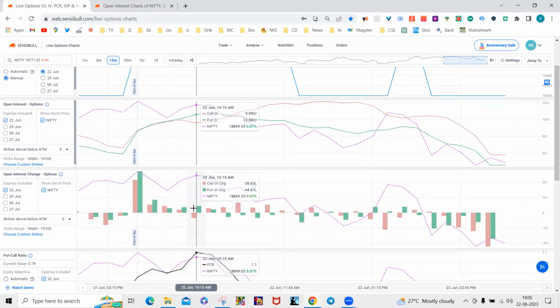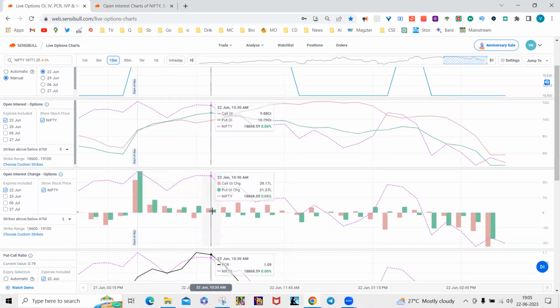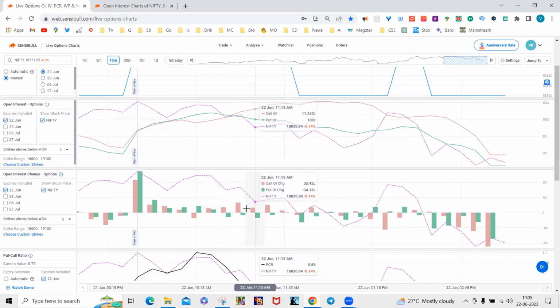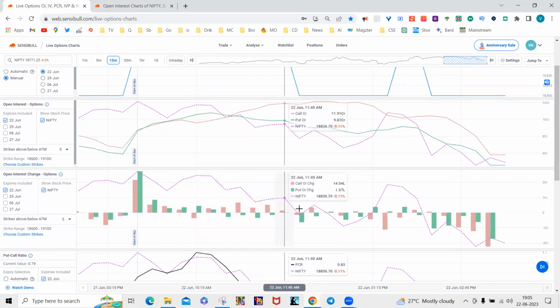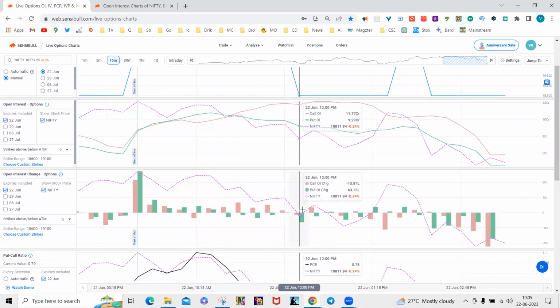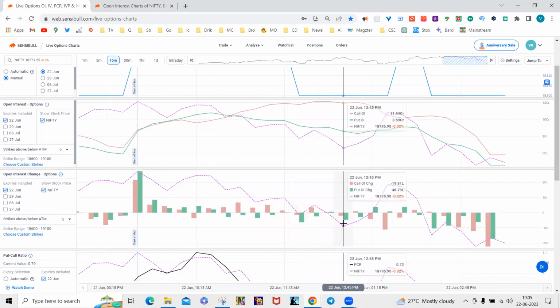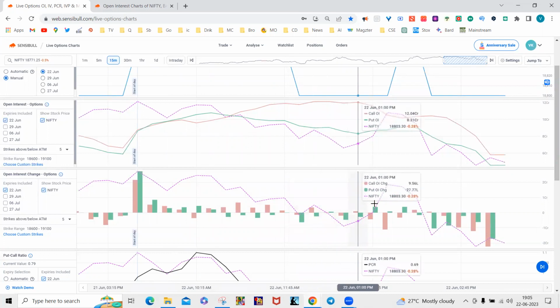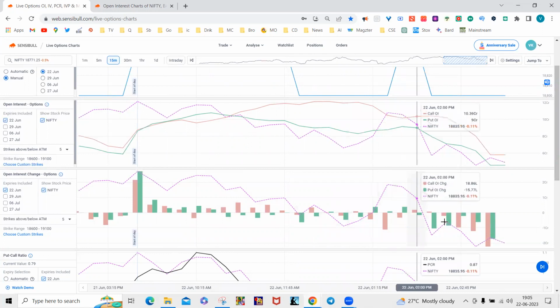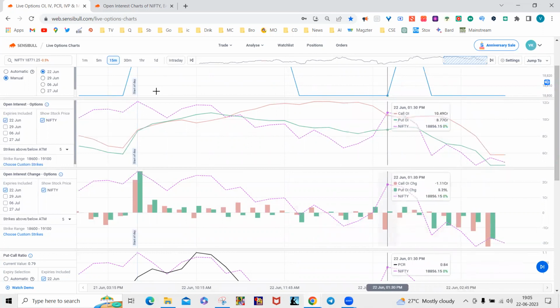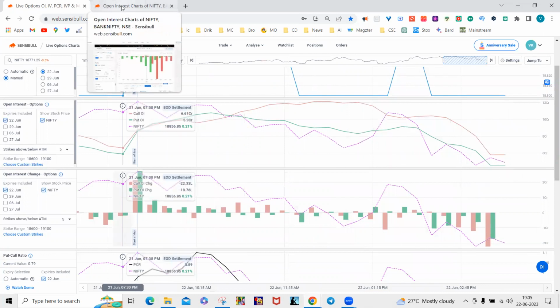The put writing gradually diminished, and you could see call writing emerging, and call writing and put unwinding, and the price started to go down. But since the support was already in place, the price just headed back higher, and then somewhere closed in a range bound fashion.